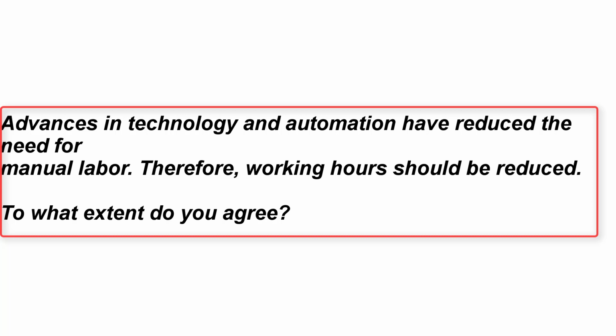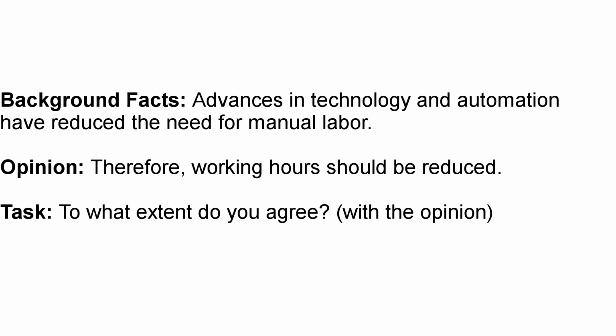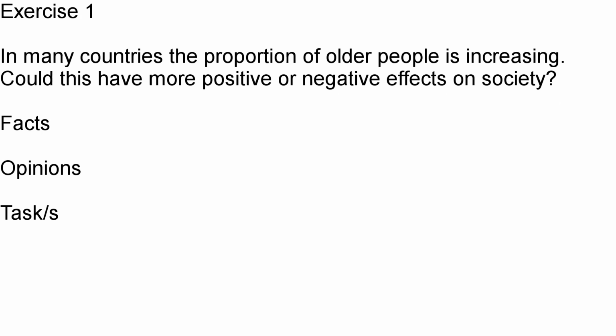This example about advances in technology contains all 3 elements. There are background facts, there's an opinion, and there's also a task. So let's do some exercises. Have a look at these 3 prompts.